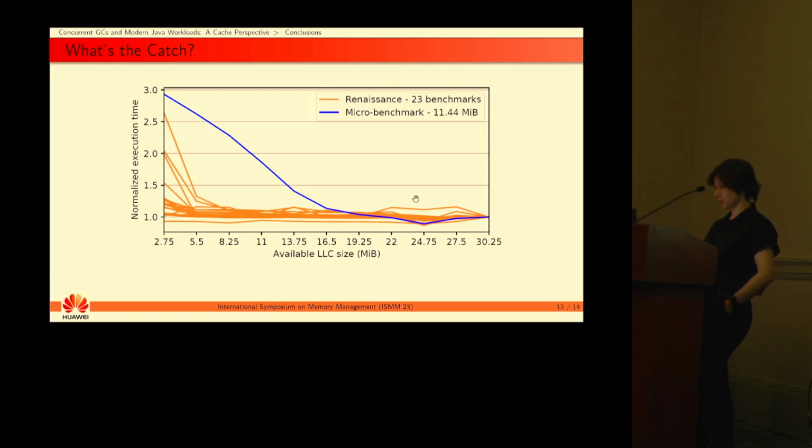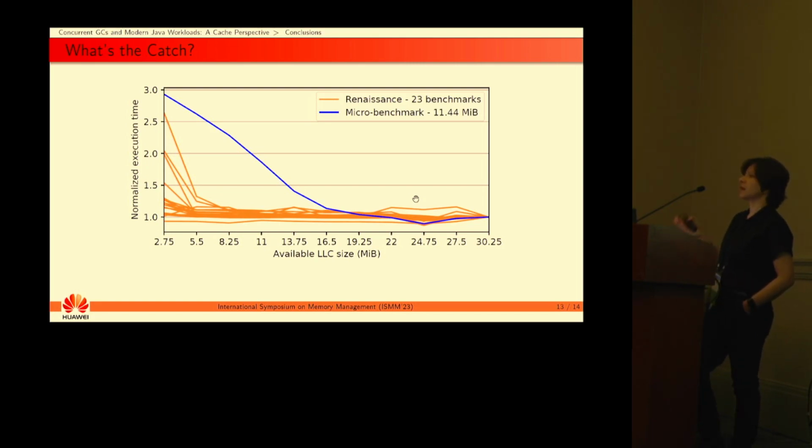For example, in the micro benchmark scenario, we had a live set of 5 gigabytes, or rather about 60%, if I remember correctly, of the heap size, only the live set. So that was pretty huge. But for the Renaissance benchmarks, the live set wouldn't go over a few percent of the heap size.